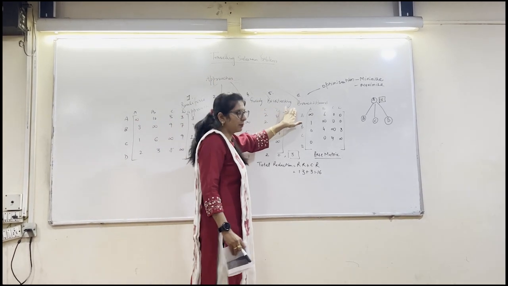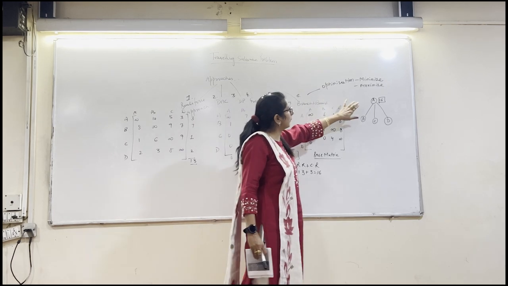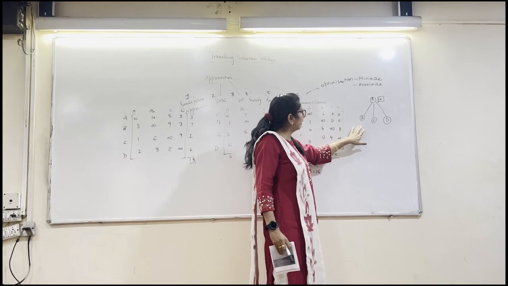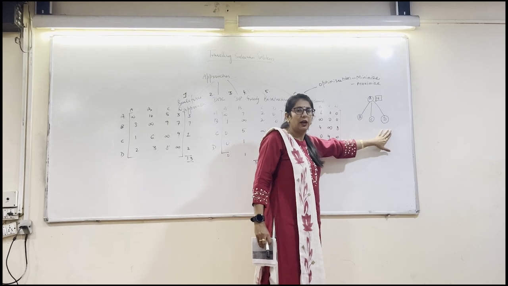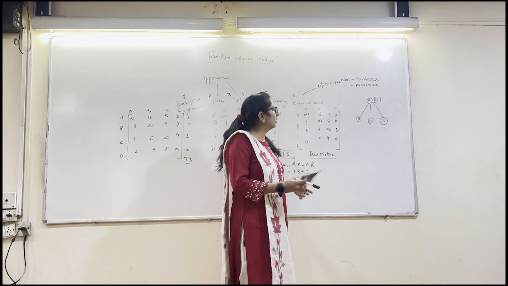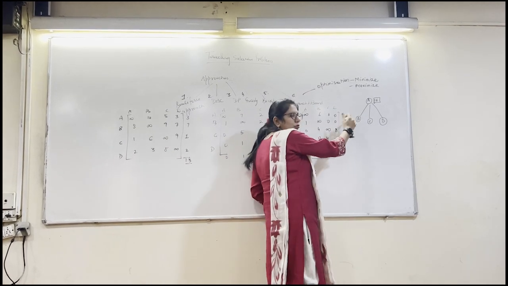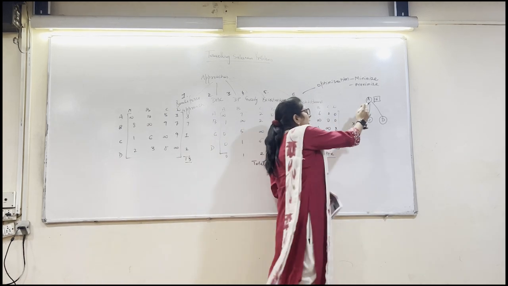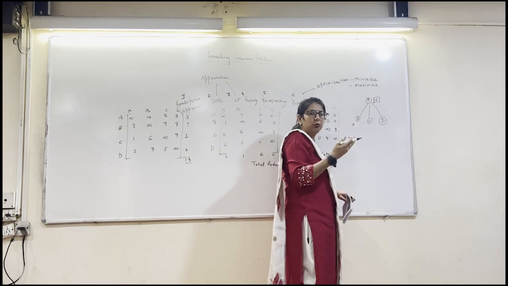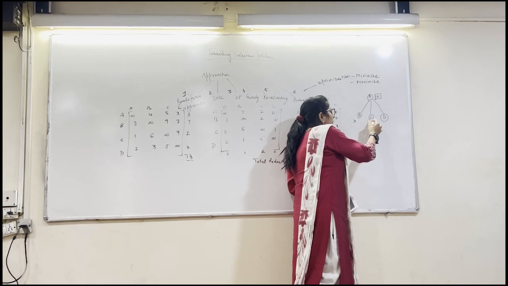Now what does the branch and bound technique say? It says if we are branching from A, we can go either to B, to C, or to D. After finding the cost, if a state has a higher cost, then we have to put a bound over here. We cannot proceed on that path. If A to C cost is also high, then we will put a bound over here.